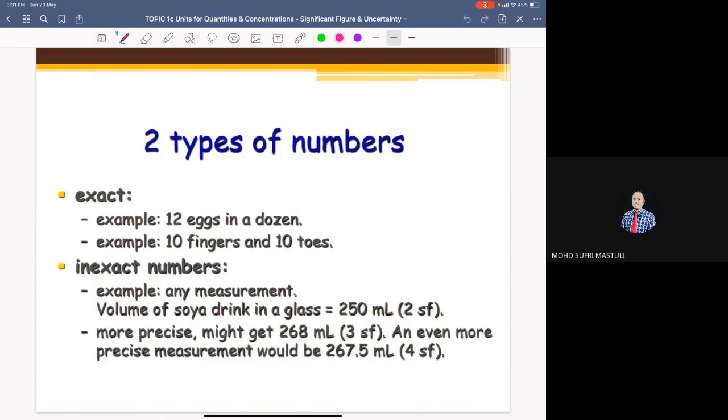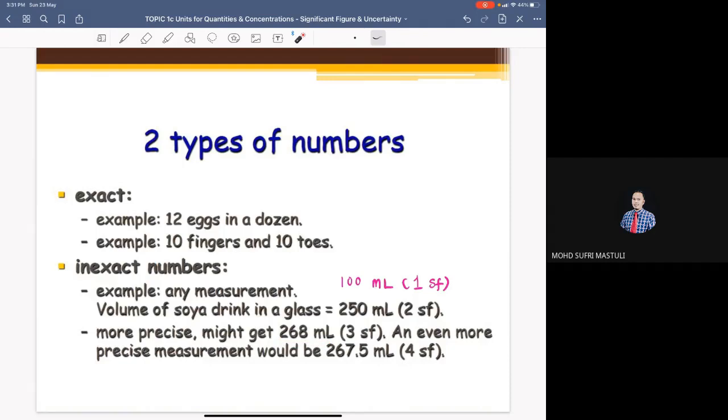If we have, for example, 100 ml, this is 1 significant figure. We will discuss this in detail on the next slide. To be more precise, maybe we might get 260 ml rather than 250. To be exact, to be precise, maybe 268 milliliter.